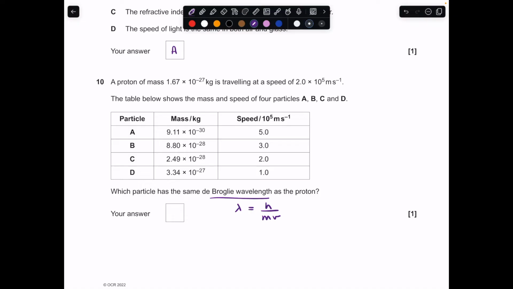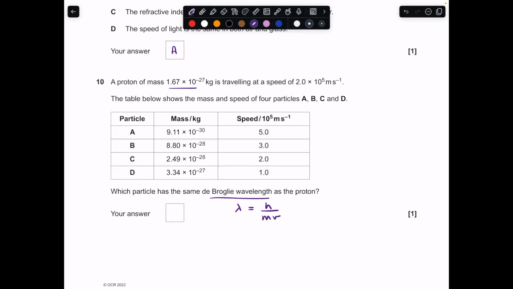The idea is to have the same momentum, i.e. the same denominator, because h is a constant. So for example, D, which I can clearly see is double the mass of the proton.